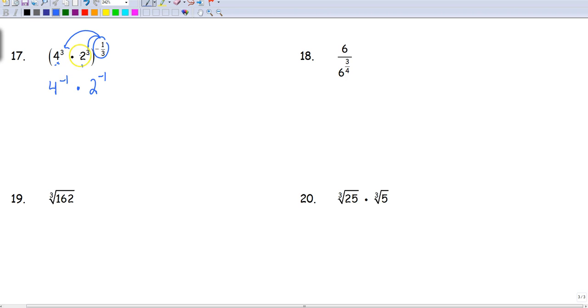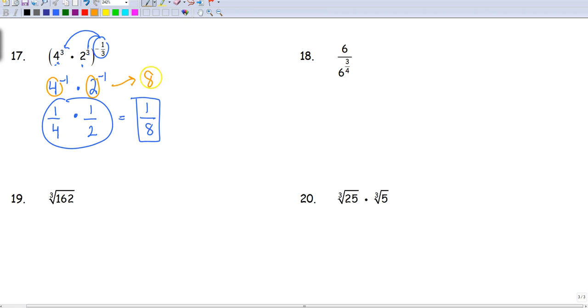Remember, negative exponents make us go to the denominator. And now you just have 1/4 times 1/2. We can just multiply that together and get 1/8. Notice that you could do that here as well. You can multiply the 4 and the 2 to get 8 to the -1, then move the 8 down. But again, the only reason you can do that is because these are the same. I don't want you to get in the habit of doing that, because if the exponents are different, it's not going to work.